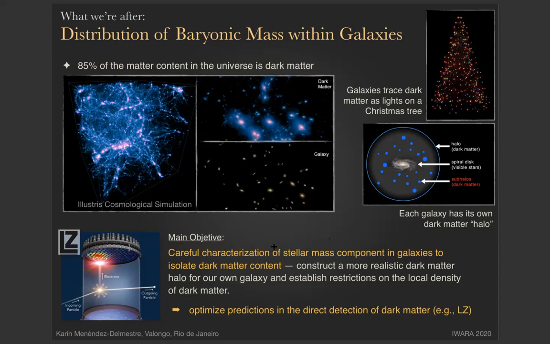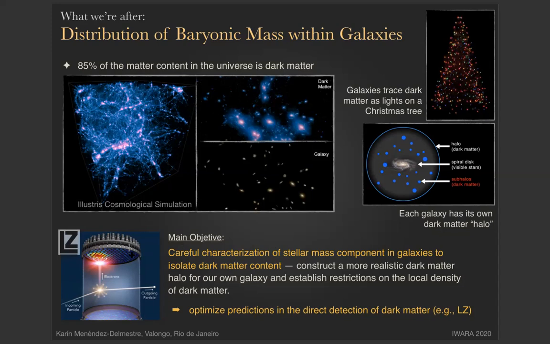Now, there are other ways of doing this too, but here we provide an alternative way, looking at external galaxies. By looking at Milky Way-like galaxies, we can understand what the typical distribution is in spiral galaxies such as our own, and we can fit this information to experiments here on Earth.